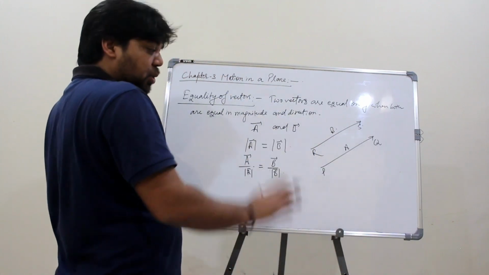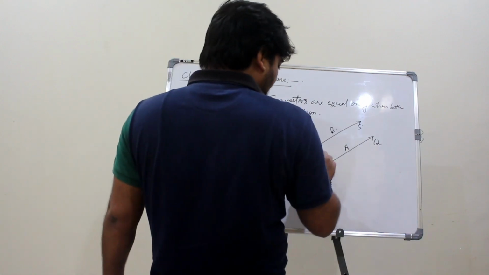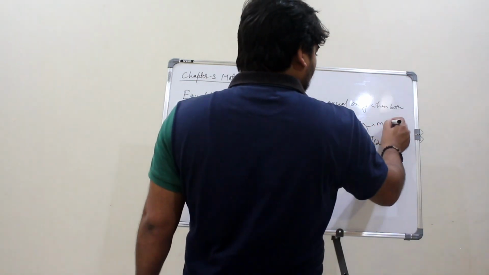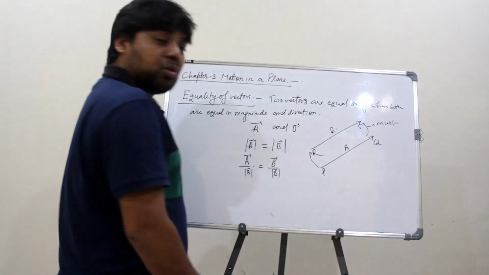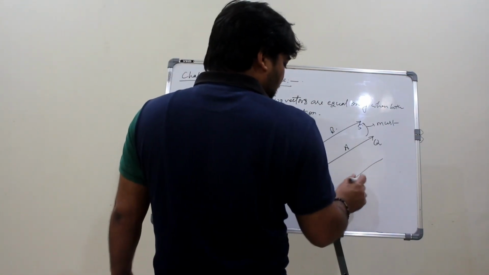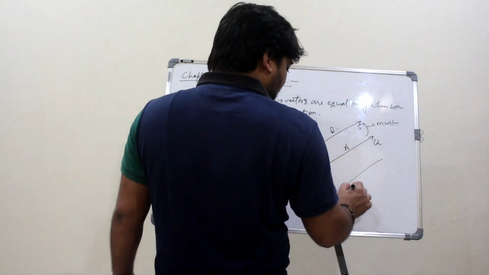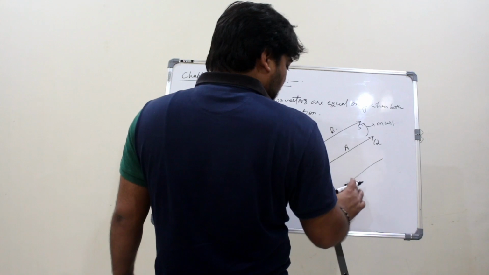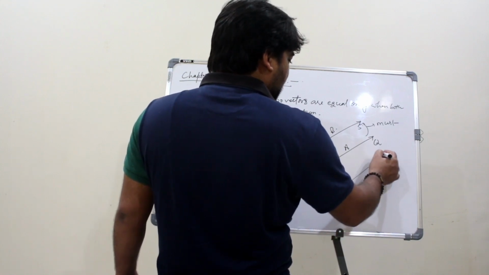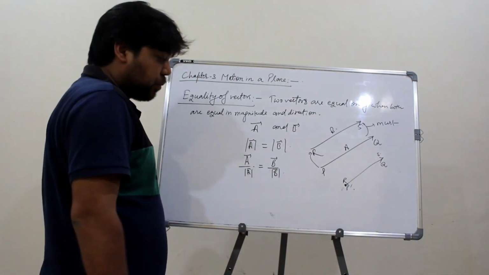Now these two vectors are equal if you overlap P with R. If P goes to R, then Q must go to S, then only they are equal, when they overlap. So P and R overlap here, right? P is here, R is here, then Q is here and S is here. They are overlapping. Then they are equal.